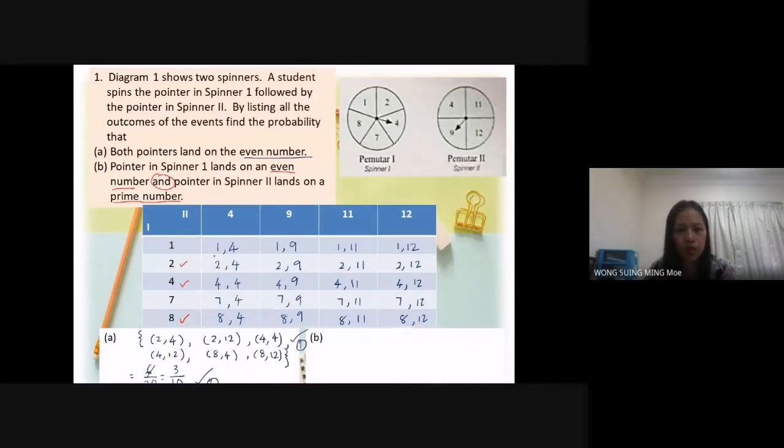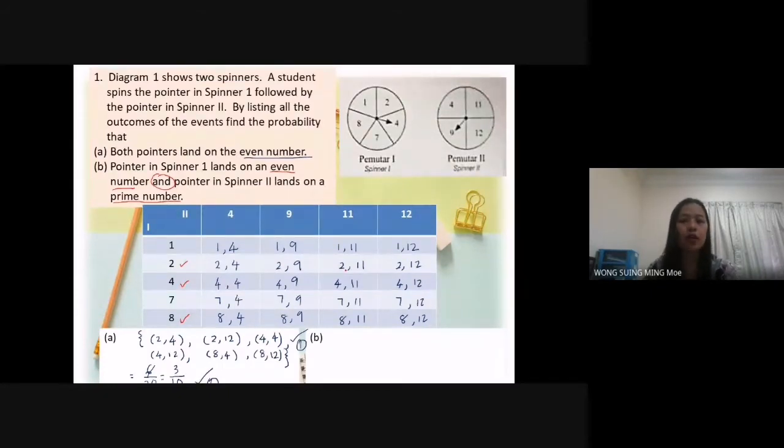So here, even number for spinner 1. The second is 4, not a prime number. So we cannot choose this one. 9 also not a prime number because 9 can divide by 3. I hope everyone knows what a prime number is.